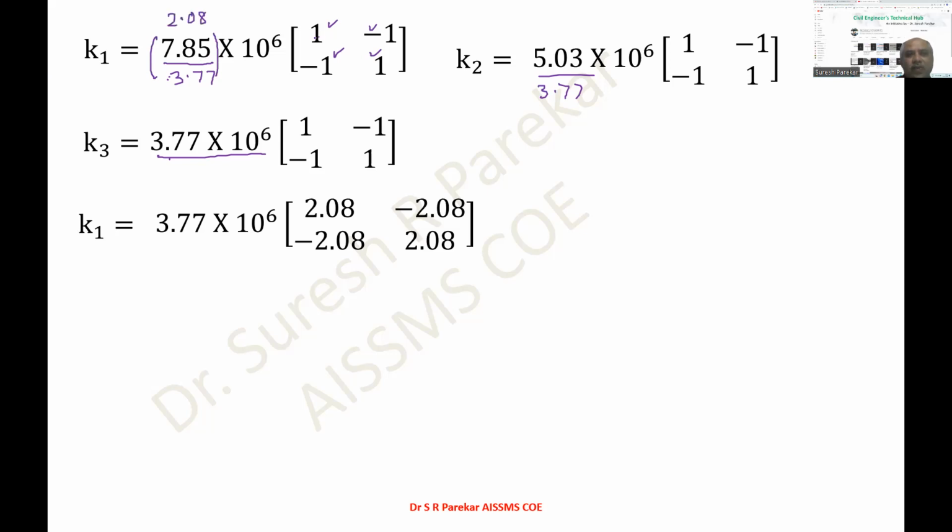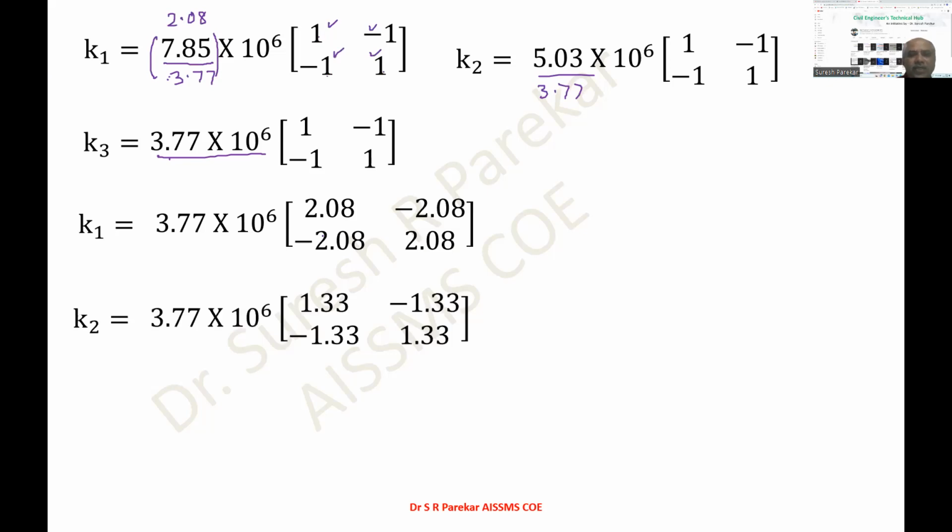So we will have 2.08, minus 2.08, minus 2.08 and 2.08. Now for K2, we have this value that is 1.33. We have 10 raised to 6 over here, so this actually gets cancelled in both the cases. And then we will have 1.33, minus 1.33, minus 1.33, 1.33.